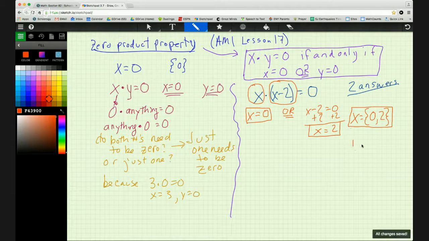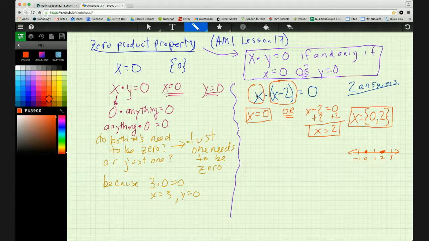Should we want to, we could also graph it on a number line. Remember, we're graphing an or situation. So we have a 2 or a 0. This is solution set notation. This is graphing form notation.